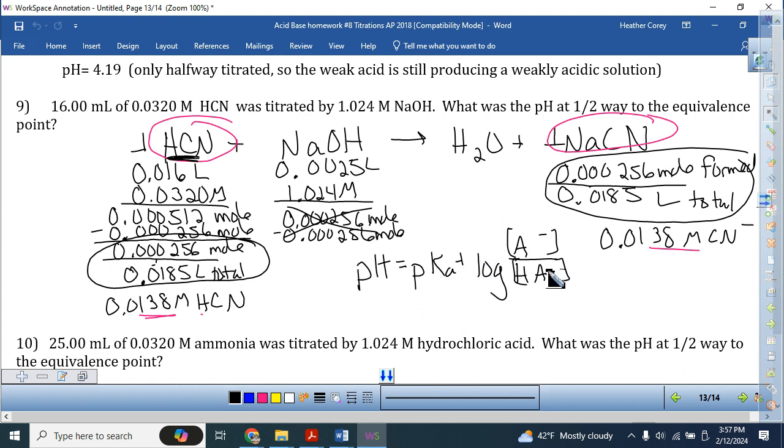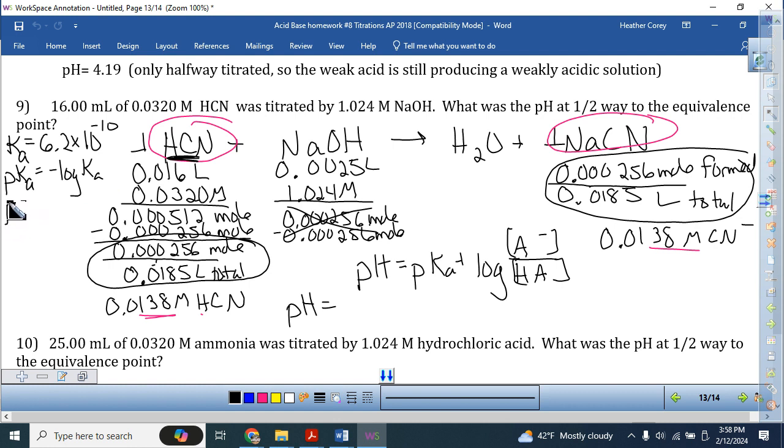Okay, so for my pH, I need to use the pKa for HCN. And so I need to look at my table and find the Ka for HCN. The Ka for HCN is 6.2 times 10 to the negative 10, which means the pKa is the negative log of the Ka. This is on your formula sheet.